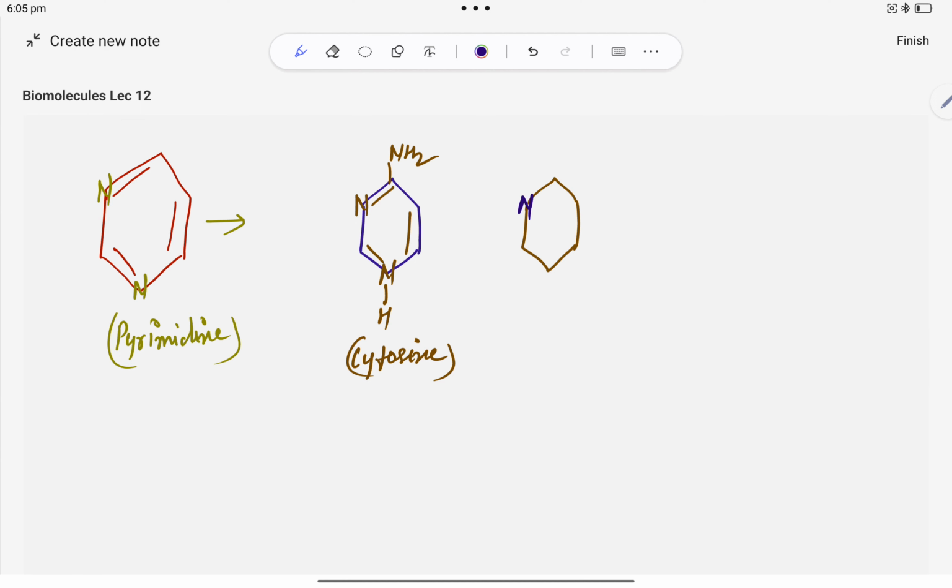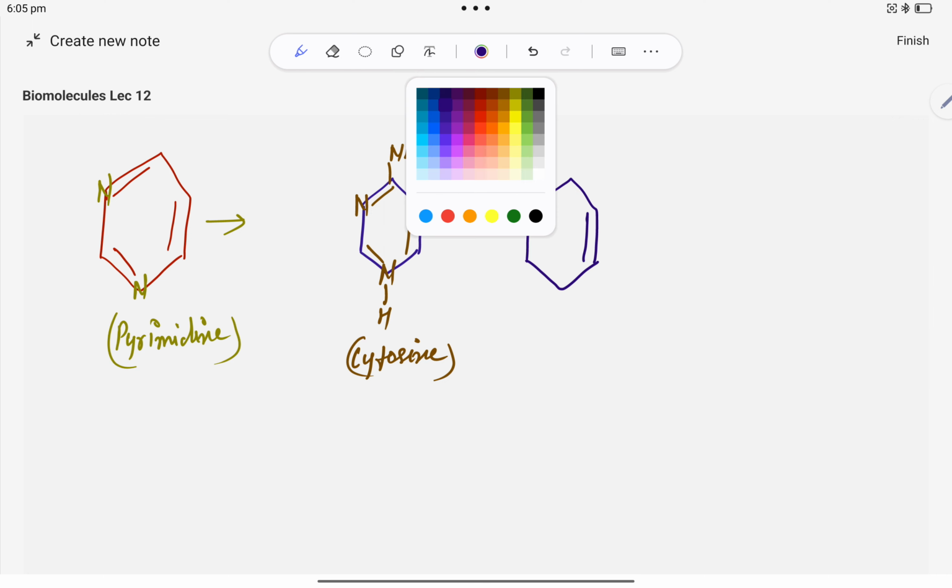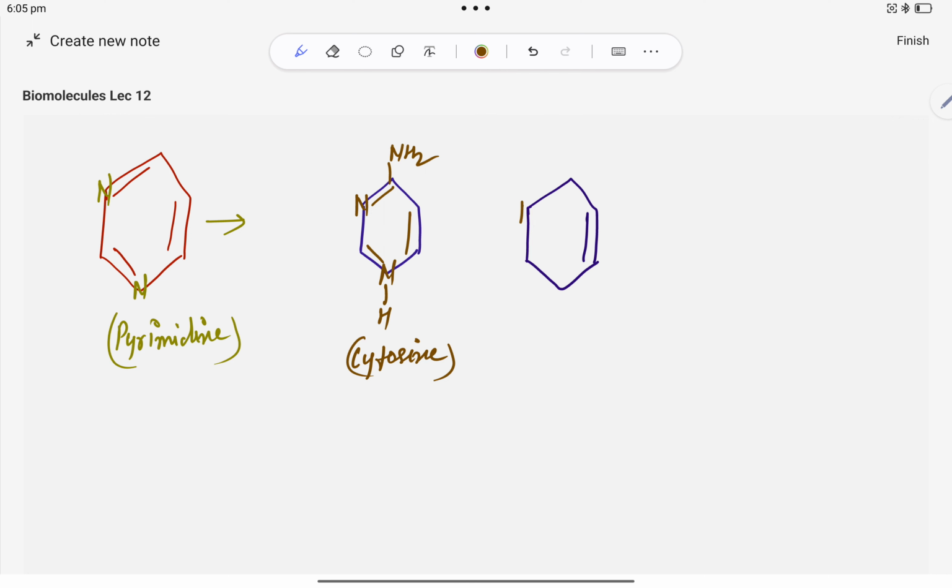One nitrogen here, one nitrogen here, double bond. Oh, one double bond missed, only one double bond. Here only one double bond is present, remaining one nitrogen here, one nitrogen here, hydrogen is attached. In this place, oxygen with double bond, one hydrogen is attached with this nitrogen, and one oxygen with this.